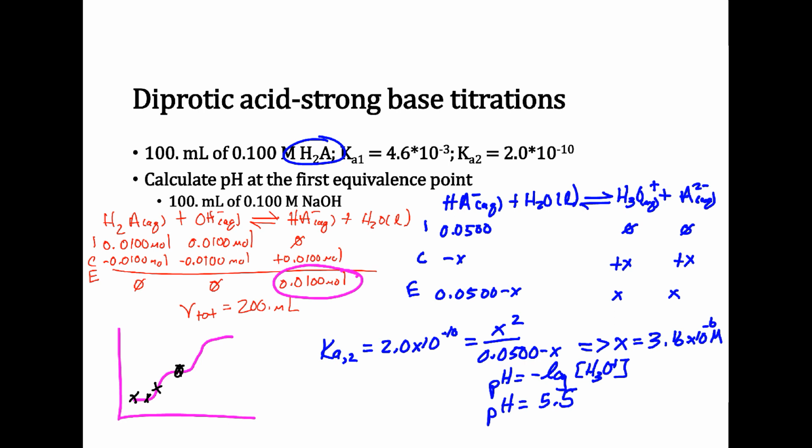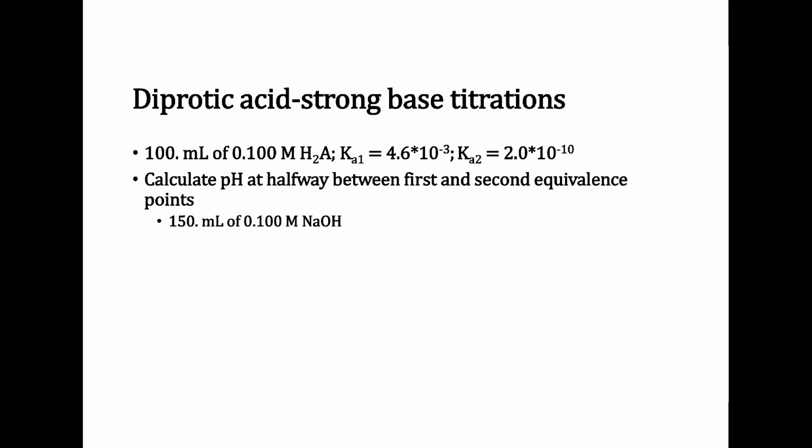And then anything beyond the 100 milliliters of the sodium hydroxide is now what we're looking at. So now we're at 150 milliliters of sodium hydroxide. So we're going to look at this reaction. We have HA minus plus OH minus yields A2 minus plus H2O.